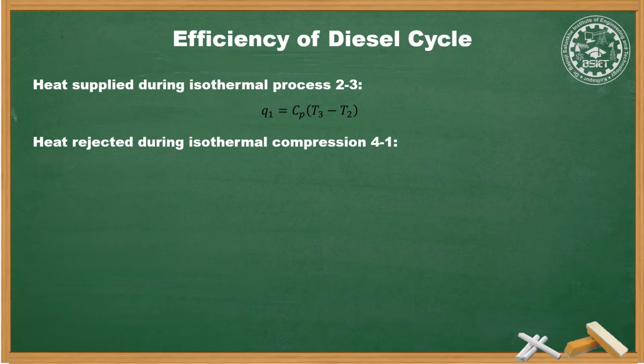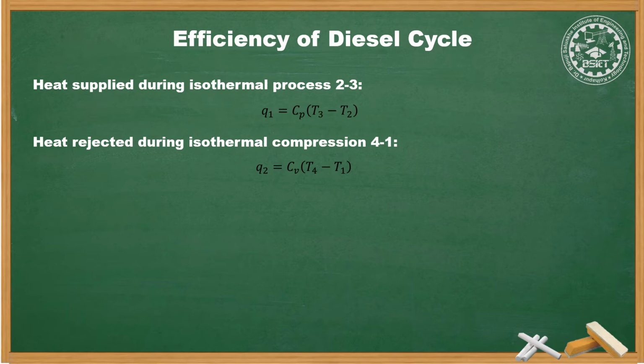Heat rejected during process 4-1 is given as Q2 equals Cv into (T4 minus T1). In this, Cv stands for the specific heat at constant volume. Heat is rejected here at constant volume and heat is supplied at constant pressure.